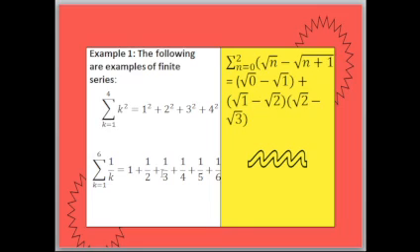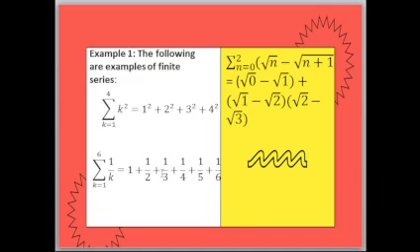So our k is 1, and we need to square the k. So our series will be 1 squared plus 2 squared plus 3 squared plus 4 squared. So our end, or the last number, is 4, and our last term is 4 squared.